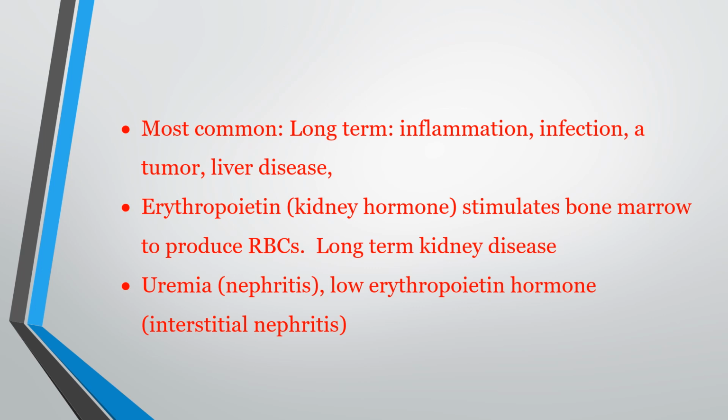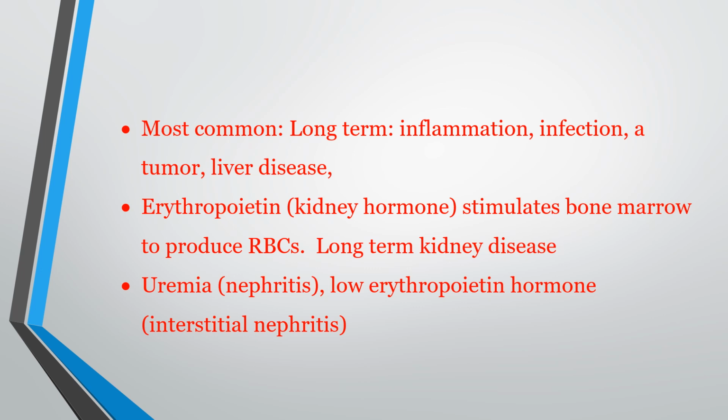Dear friends, remember, most common and long-term diseases, especially inflammation anywhere in the body or infection, a tumor or liver disease, are the most common causes of anemia. We all know that erythropoietin is a hormone secreted by the kidney. This erythropoietin hormone stimulates the bone marrow to produce RBCs.